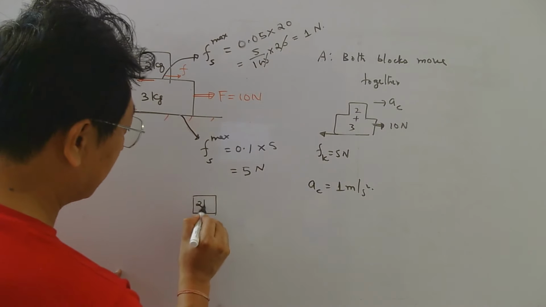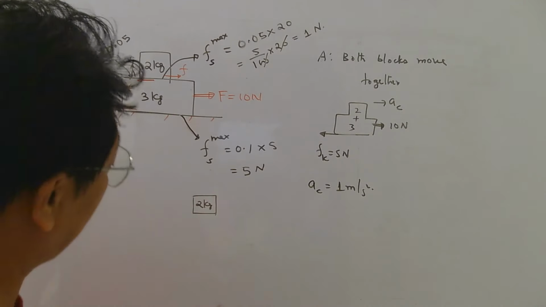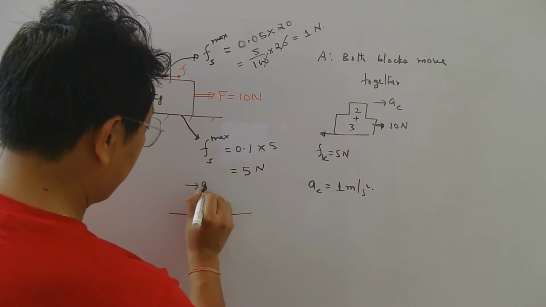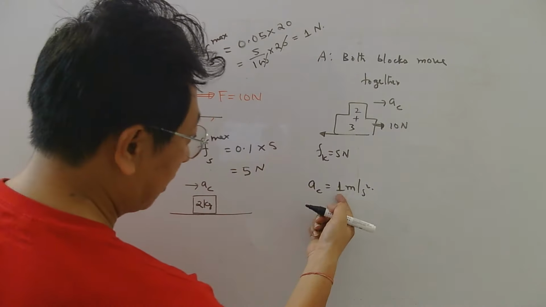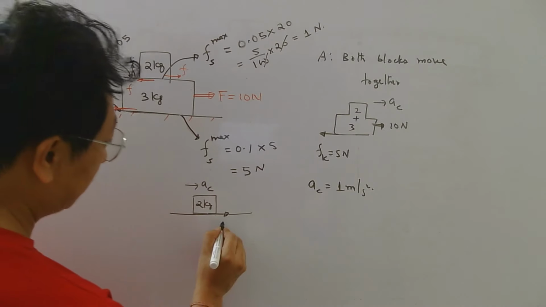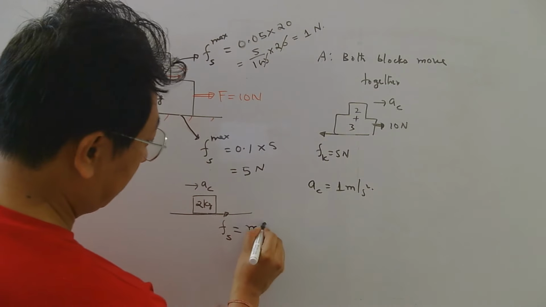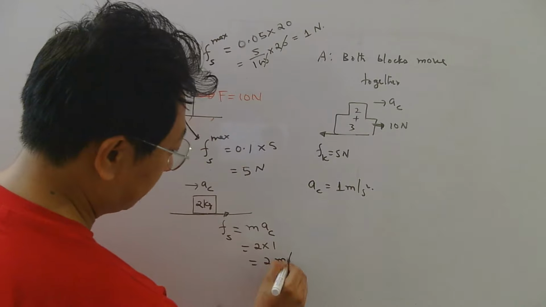Because if we assume they are moving together, friction here should be static. Now, who will give acceleration to this 2 kg block? If they are moving together, 2 kg block also should have the same acceleration. Obviously, friction from the 3 kg block. From Newton's law, that value will come ma, which is 2 into 1, which is 2.